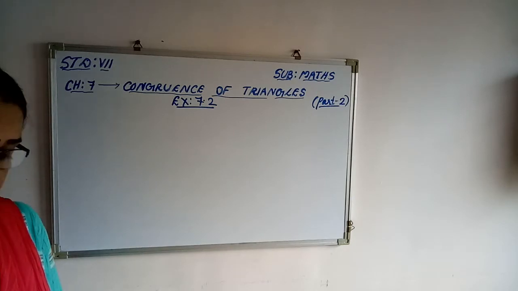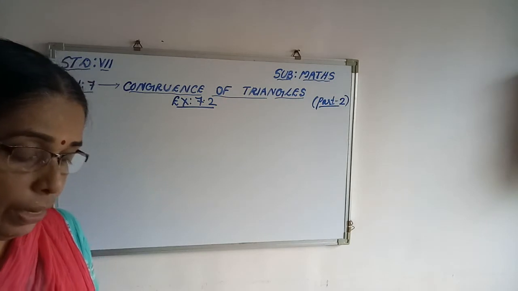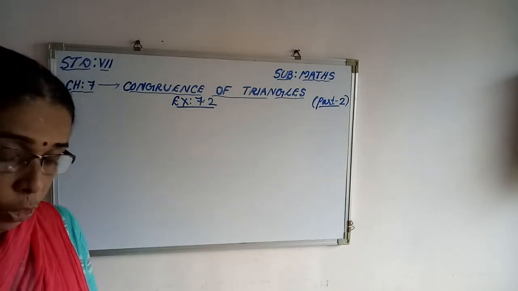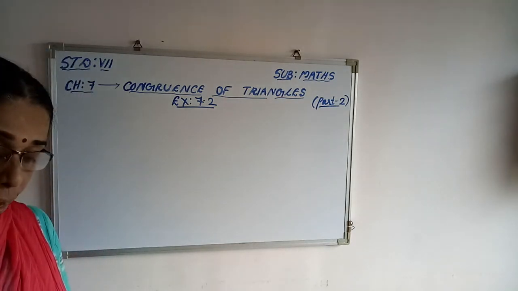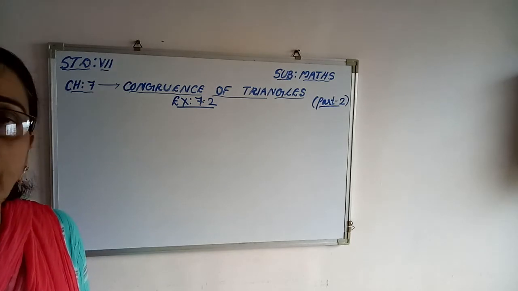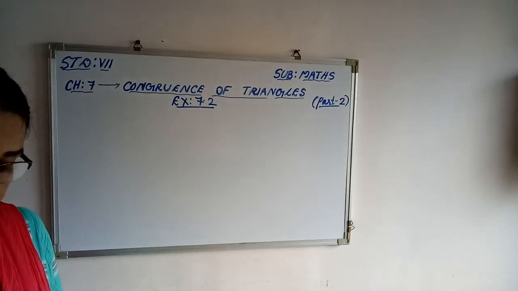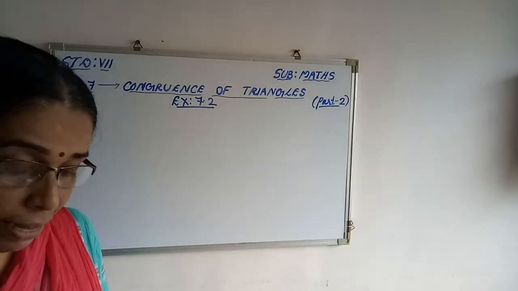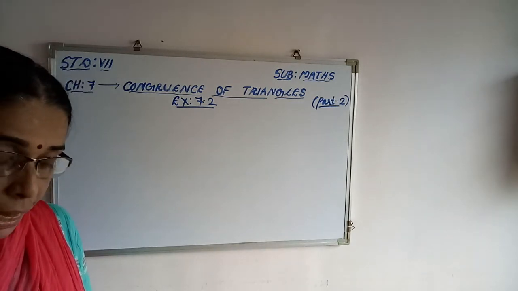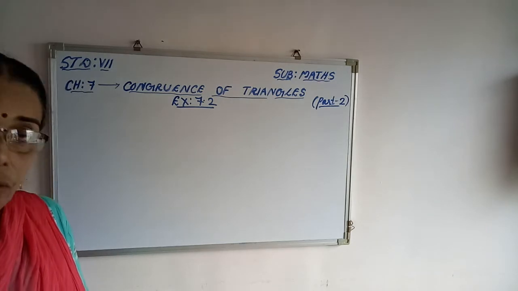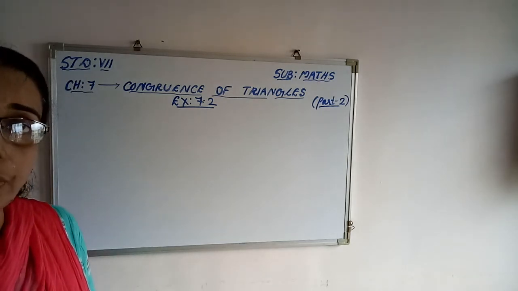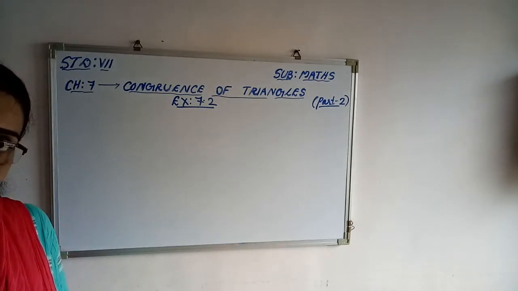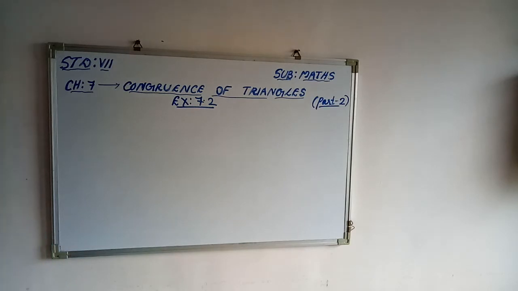Now D, given EB is equal to DB, AE is equal to BC, angle A is equal to angle C is equal to 90 degrees. That means it is a right-angled triangle. And in the figure you can see, in the given right-angled triangles ABE and CDB, one side and the hypotenuse are equal. So we can use the RHS Congruence Criterion.